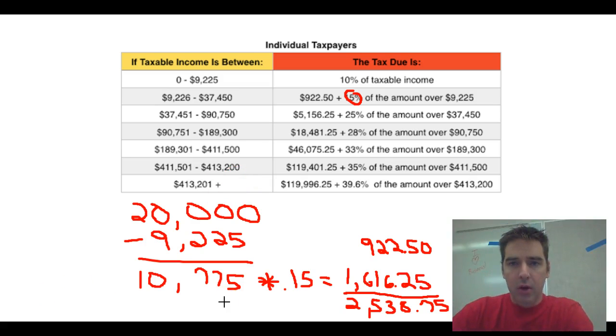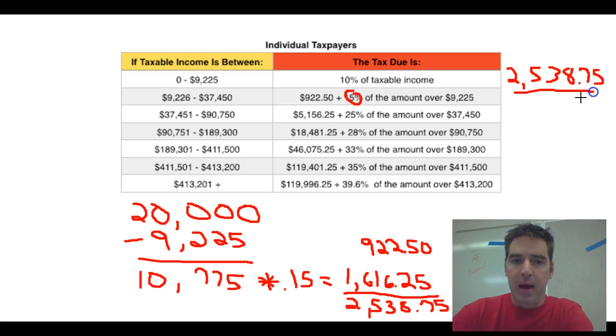Now, the number that you'll hear in the news and the media, you'll hear what the person's effective rate is. So basically, to get the effective rate, you take the amount of taxes that they should have paid, so in this case it's $2,538.75. If you take that amount and you divide it by the overall income, so in this case it's $20,000, when you do this, you're going to get what is known as the effective rate.